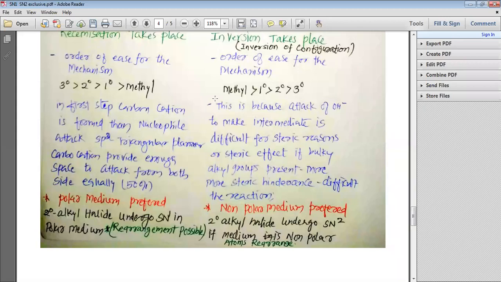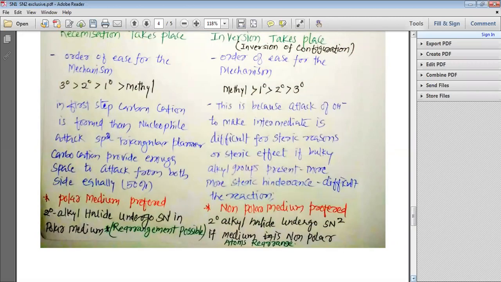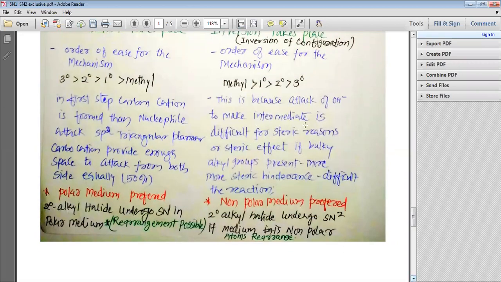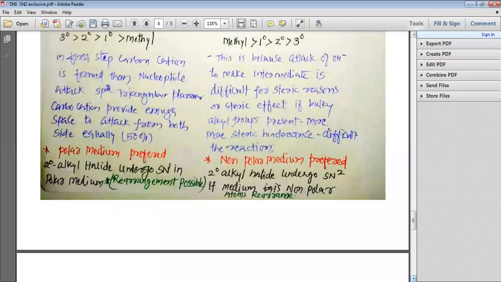But in the case of SN2, the attack of OH minus to make the transition state is difficult for steric reasons if a tertiary carbon is present. If a primary or methyl carbon is present, it is easy for OH minus to attack, and that is why the order is primary is greater than secondary is greater than tertiary.